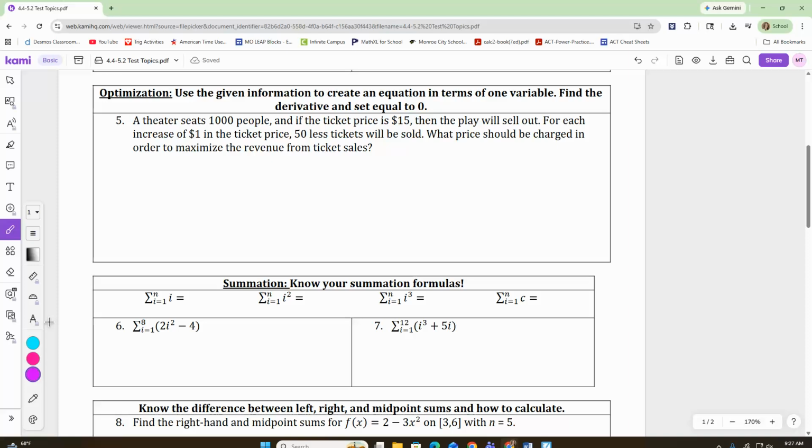Revenue is x times p of x. So if I'm setting up my ordered pairs, my number of tickets would be 1,000 because we sold out, and the price per ticket is 15. Price is our y. For each increase of $1 in the ticket price, 50 fewer tickets will be sold. So if I raise my price to $16, how many tickets do we sell?